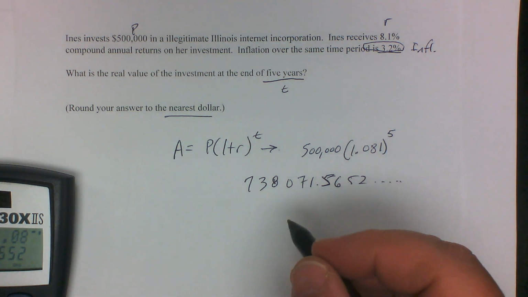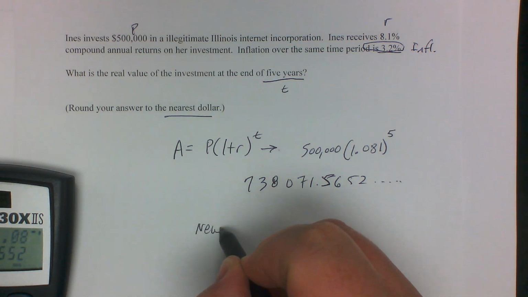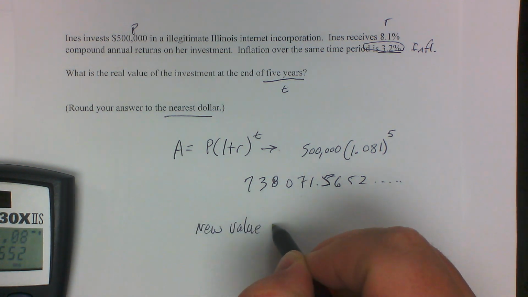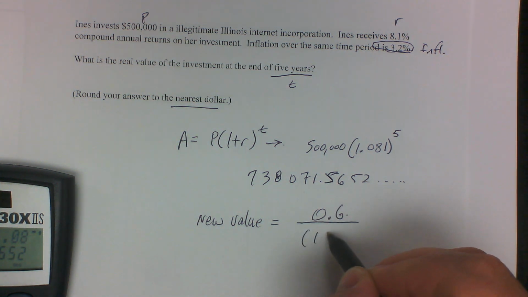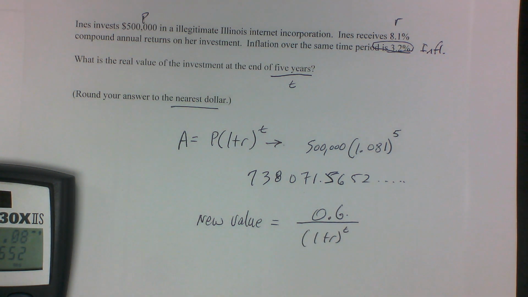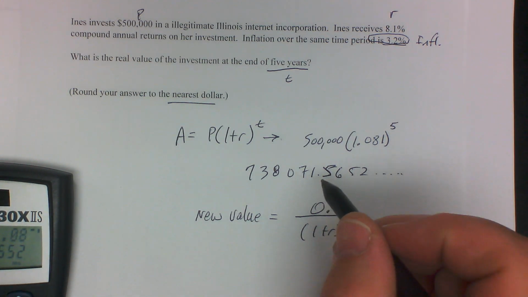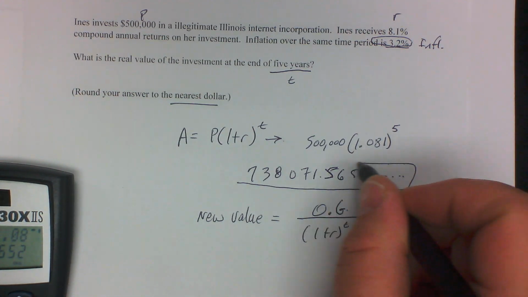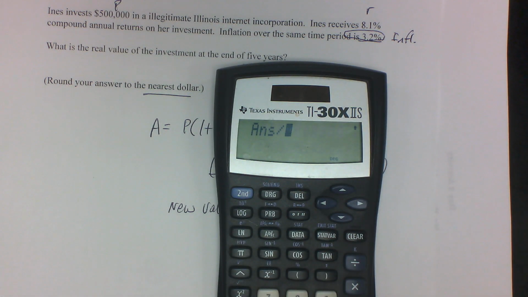So the way the inflation works is the new value is the original, right? The original times 1 plus the rate to the power of t. So the original is this, okay? We're trying to figure out how much this is really worth in the future, so I have to divide that.